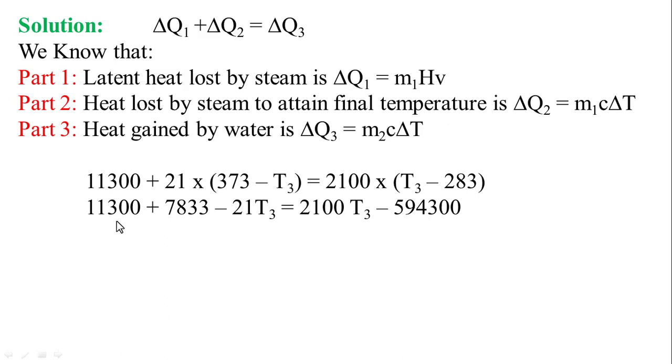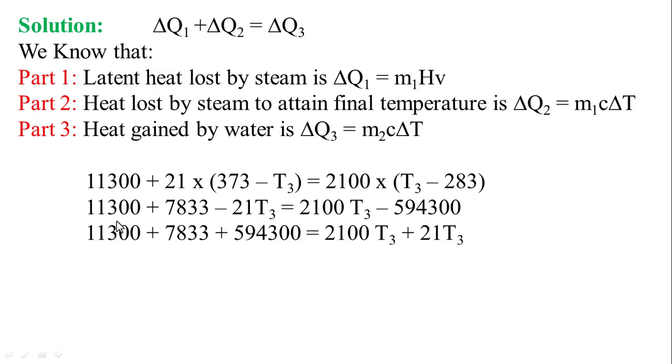The result is 11,300 plus 7,833 minus 21 T3 is equal to 2100 T3 minus 594,300.